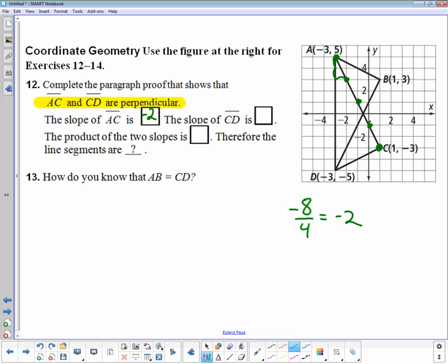Or you could go all the way down. 1, 2, 3, 4, 5, 6, 7, 8. 1, 2, 3, 4. Down 8 over 4. Either one. Guys, if you can't do slope, you're toast. Okay, you got to be able to do slope. You've been doing it for a while, since pre-algebra.